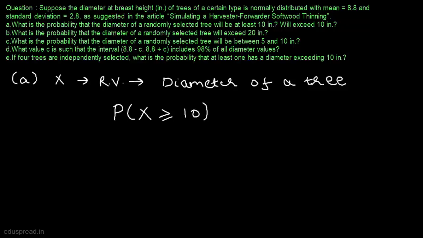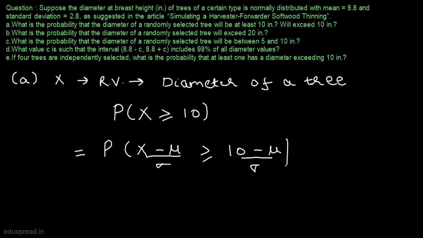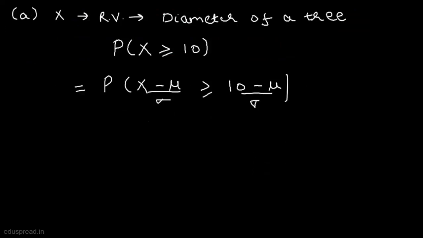Well, this is equivalent to saying that we have to find the probability that (X minus mu) divided by sigma is greater than or equal to (10 minus mu) divided by sigma. So I have normalized X. We know that this is Z and we are already given the values of mu and sigma in the question.